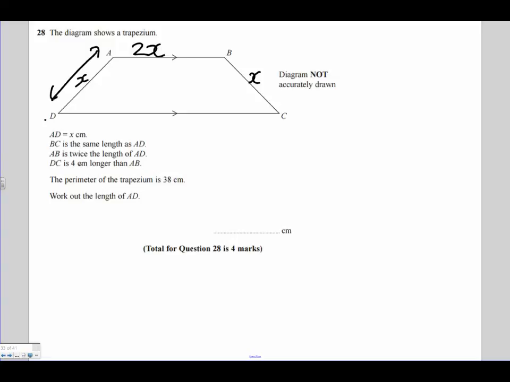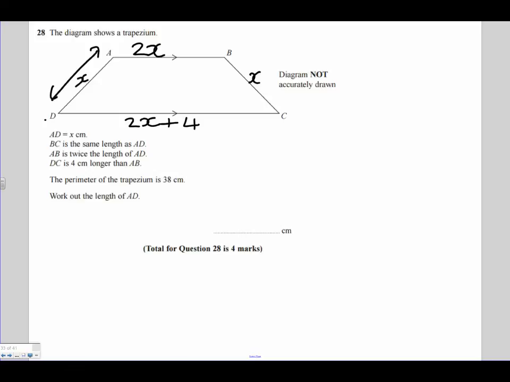And D to C is 4 centimeters longer than AB. Well, AB is 2x, and 4 centimeters longer means we need to add 4 to it. The question is asking us for the perimeter of the trapezium is 38. Work out the length of A to D.